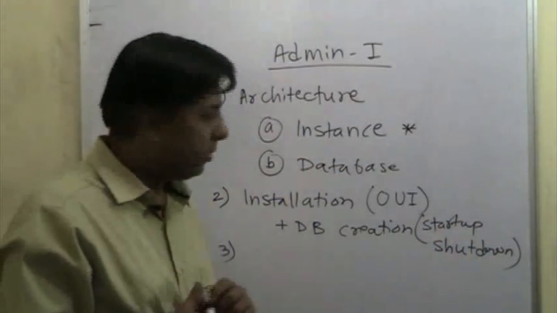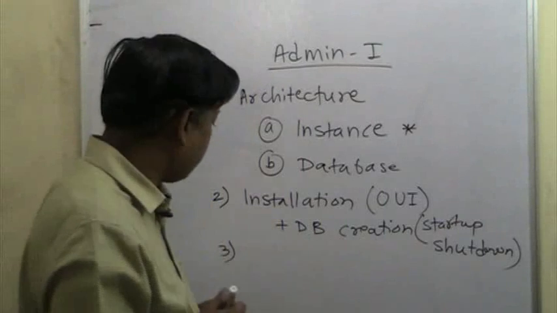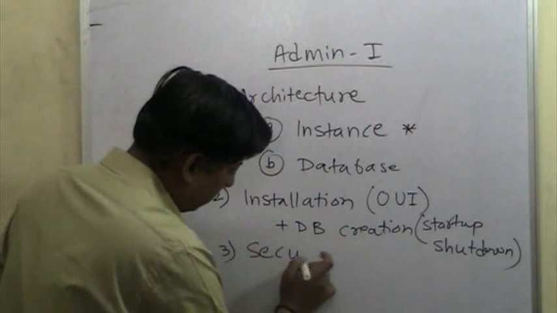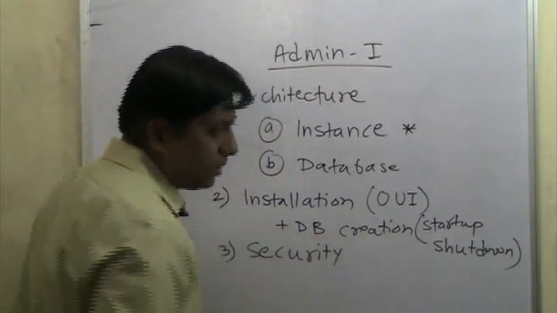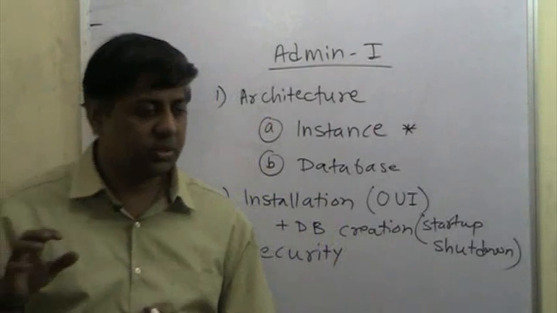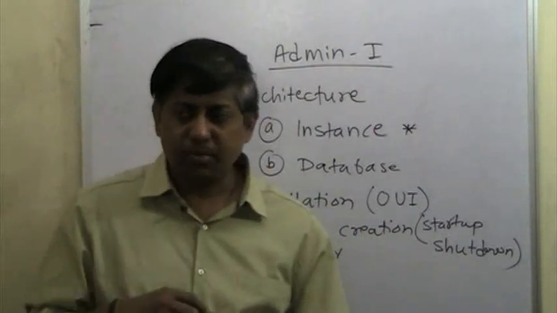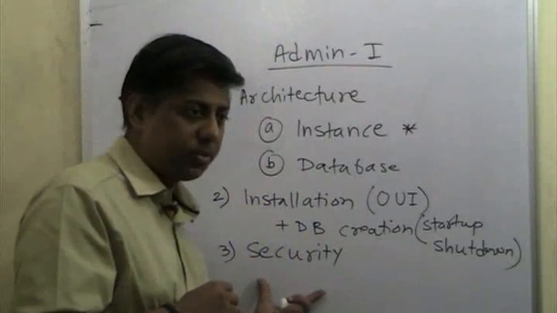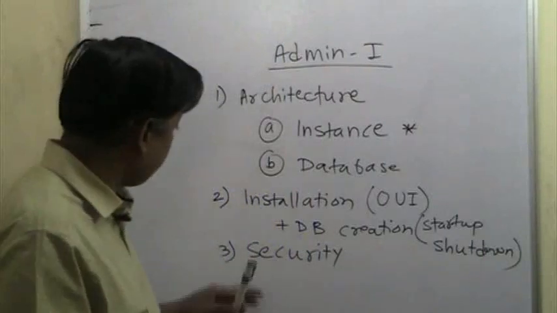So that is something we will talk about: database creation, startup, shutdown. And then the next topic is the security of the database. In the security of the database, you have already discussed many things, like how to grant certain privileges and how to revoke certain privileges. All those things are discussed in the security aspect. So that is one thing that we'll discuss.